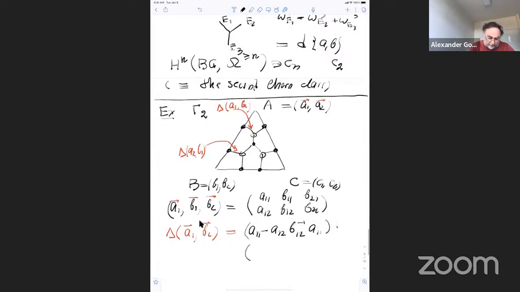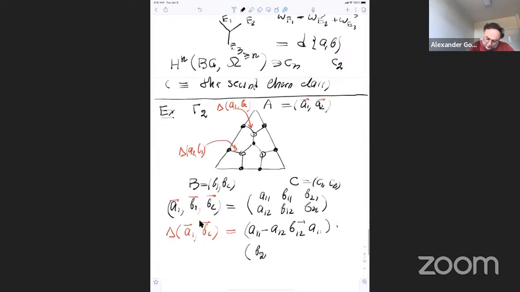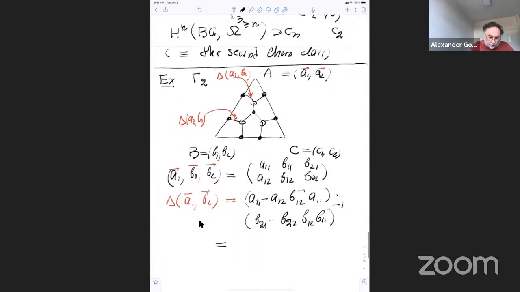Multiplied by B21 minus B22, B12, B11 inverse. And this is in the notations which are used by Gelfand and Retakh. This is quasi-determinants of the following shape. It's a 1 quasi-determinant multiplied by the inverse of this kind of 2-1 quasi-determinant.